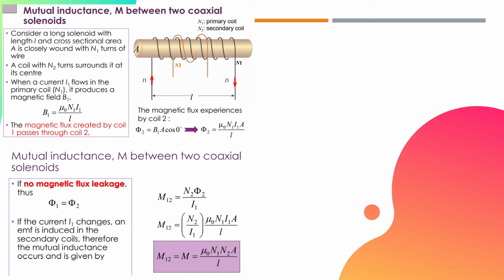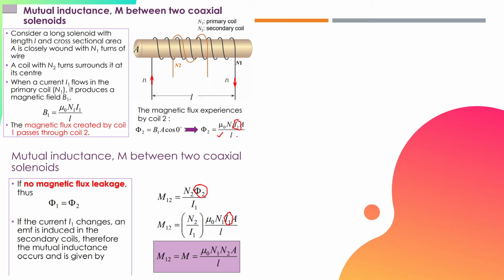So M is equal to N2 times the magnetic flux phi2 over I1, where the magnetic flux here can be written as mu naught N1 I1 A over L. Here it must be I1, since there is a change of magnetic flux in coil 2 due to the current that flows in coil 1, I1.